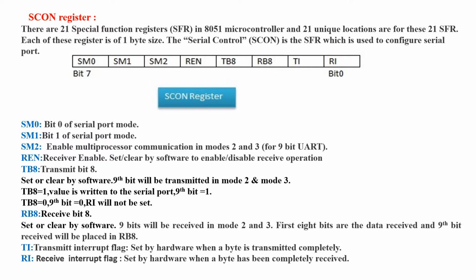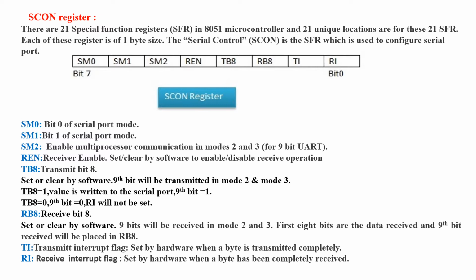This is the 9th bit of serial transmission. So, by using TB8, the 9th bit will be transmitted in mode 2 and mode 3. When the TB8 value is 1, the 9th bit should be 1 and the value is written to the serial port.